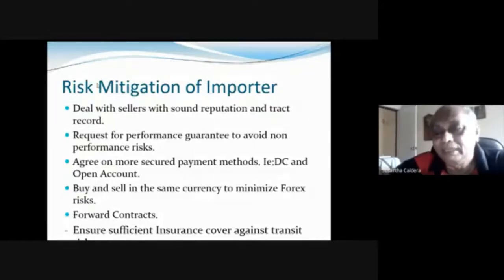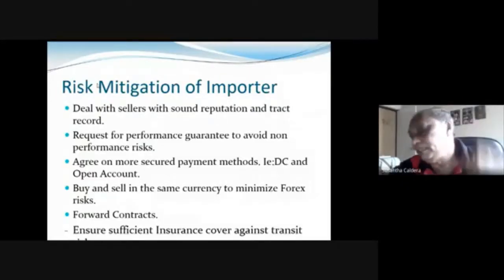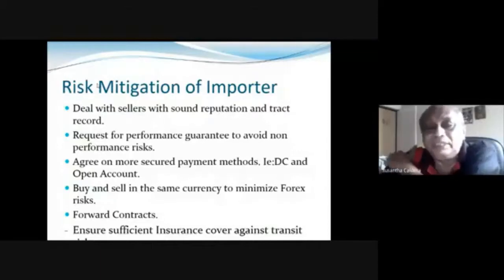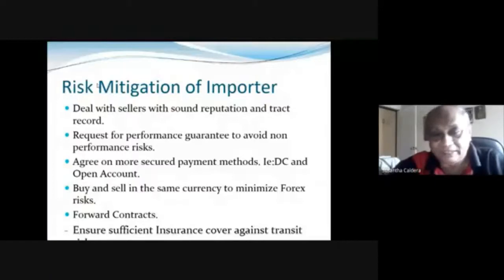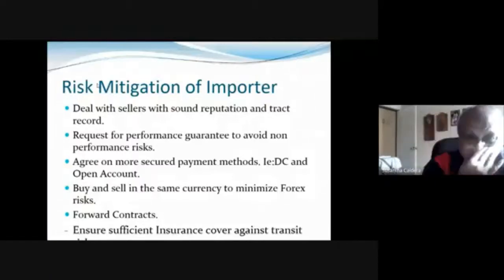For example, if the buyers and sellers are in European countries, they use one single currency, the euro. Italy, Belgium, France are different countries, but they use the same currency, so there is no foreign exchange risk. Forward contracts can also be taken to reduce this risk.